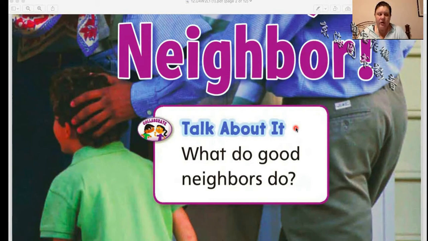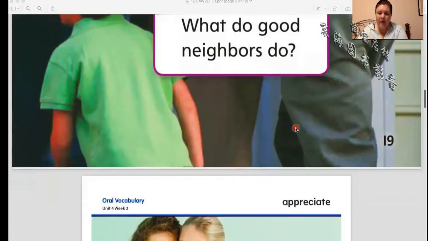Okay, so that might be something that your neighbor would do. What else would a good neighbor do? Would they play with you if they were a kid? Yeah, they would probably play with you and definitely be your friend, right? So there's a lot of things that good neighbors would do together, okay? All right, let's keep going.